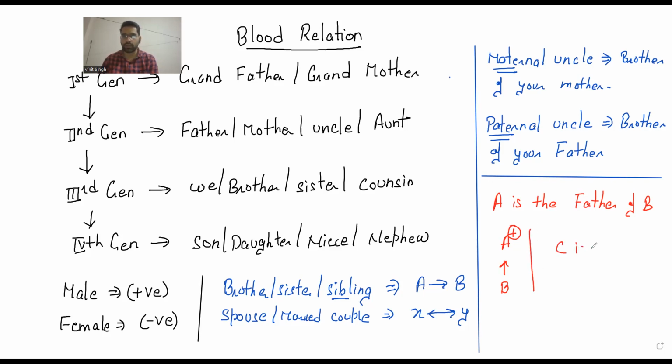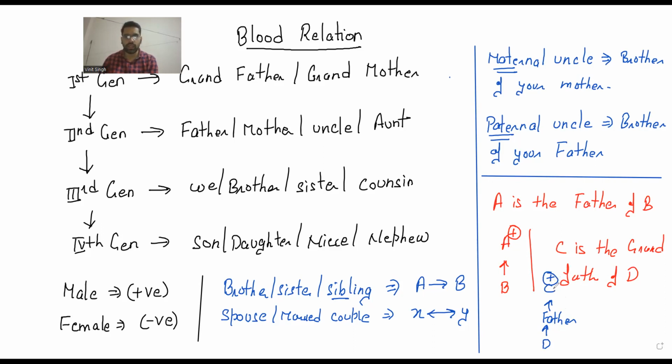Like that, C is the grandfather of D. How will we represent it? C is the grandfather. First of all, D, then D's father. After D's father, there is the father of C. C is the grandfather, so we will take positive.